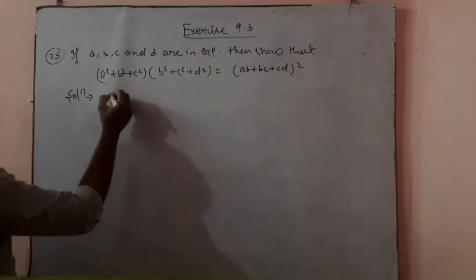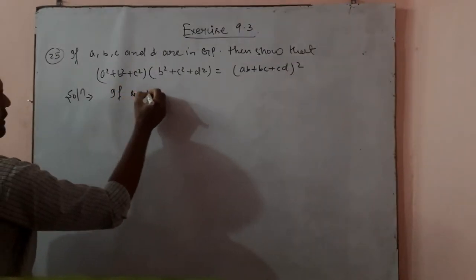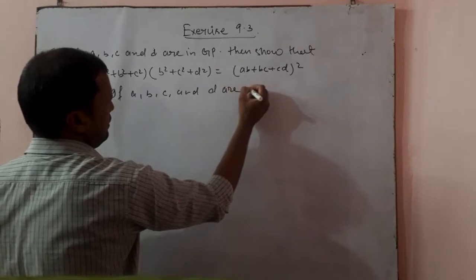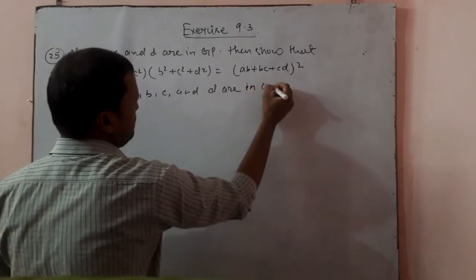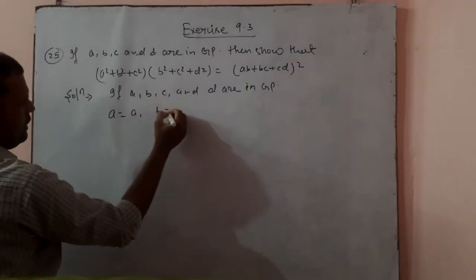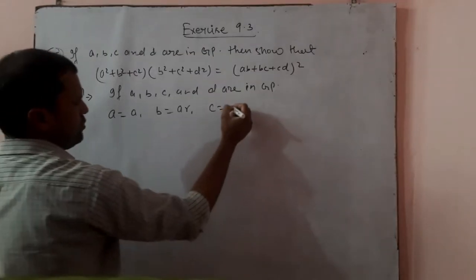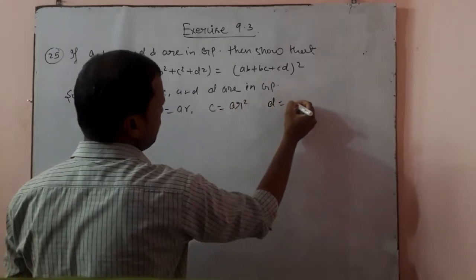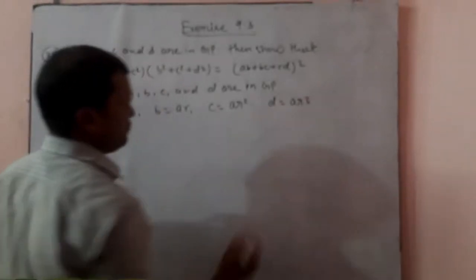Dear student, firstly it is given that A, B, C and D are in GP. It means first term A equal to A, B equal to AR, C equal to AR square and D equal to AR cube.